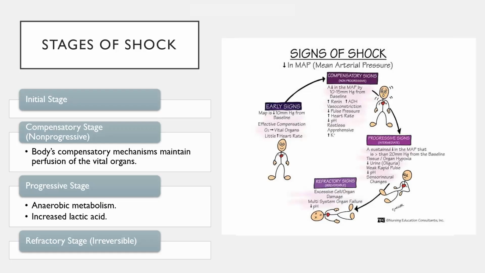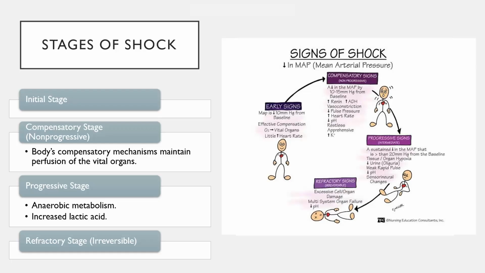It provides these mechanisms to maintain perfusion to the vital organs. So you could see an increase in antidiuretic hormone. You could see an increase of renin. Any of those hormones that are going to cause fluid to be where it's supposed to be, and some vasoconstriction. Decreased pulse pressures, increased heart rate, get the blood pumping to those vital organs.